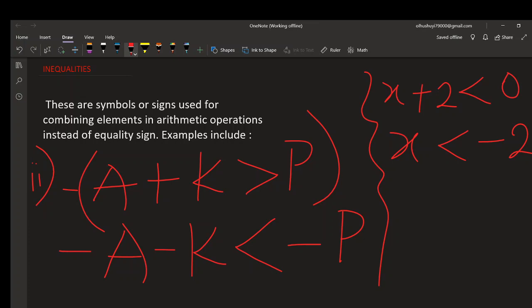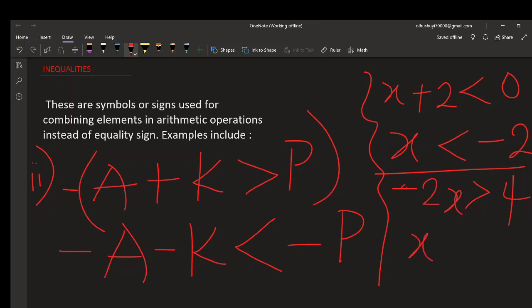But once you are having, for example, something like this, you have minus 2x is greater than 4. I have to get x. That means you divide both sides by minus 2.